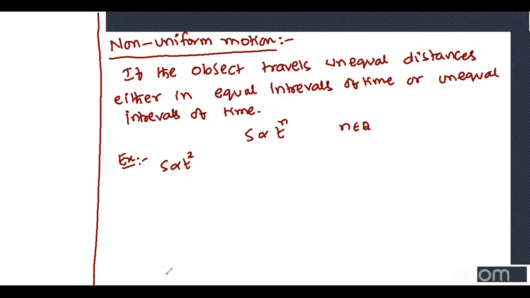Suppose initially t1 equal to 1 second, s1 equal to s. Time is increased by 2 times. I'll find s2. So, can I say that S1 by S2 equal to T1 by T2 whole square?